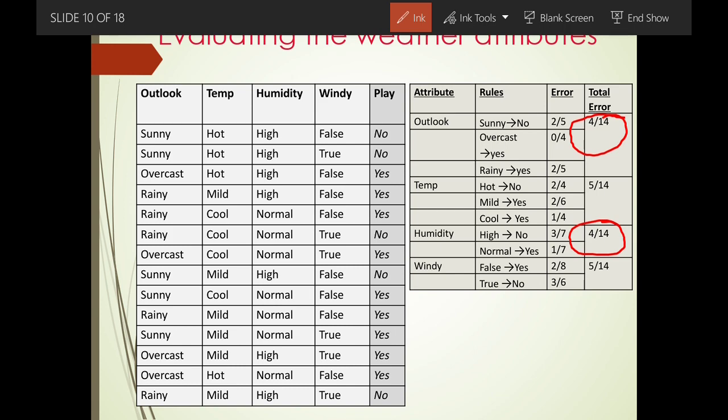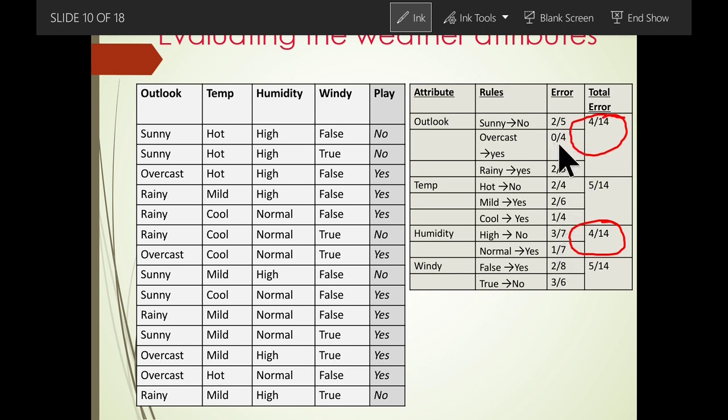If you see the subtree, Overcast has 0 errors, but in humidity we don't have any 0 errors.